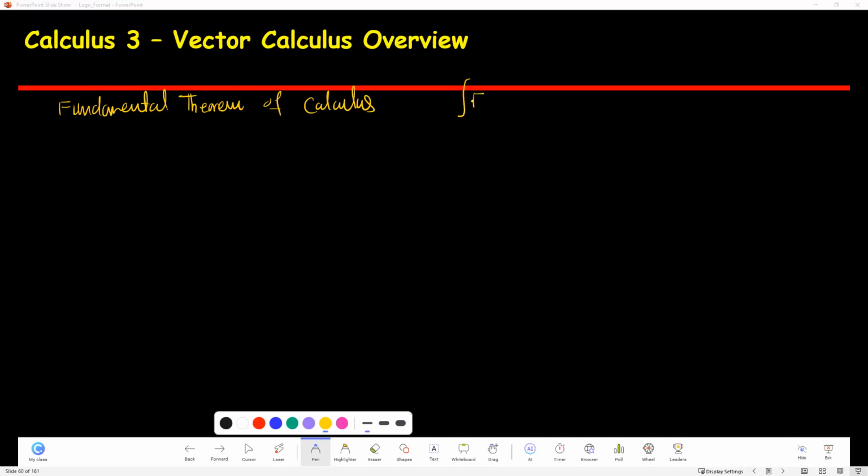They gave you a function, and you take the integral, and if the limits are given, a and b, you substitute after taking the integral, you take f(b) minus f(a), and you're done. And you're done with this fundamental theorem of calculus.